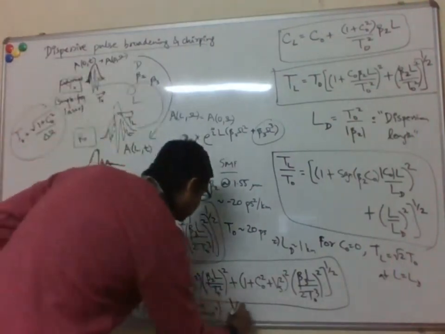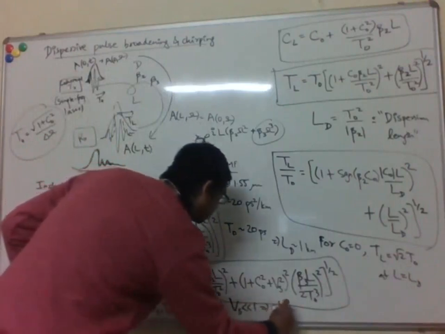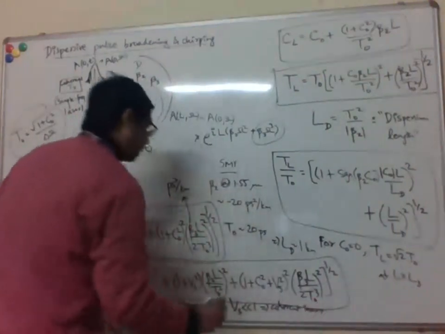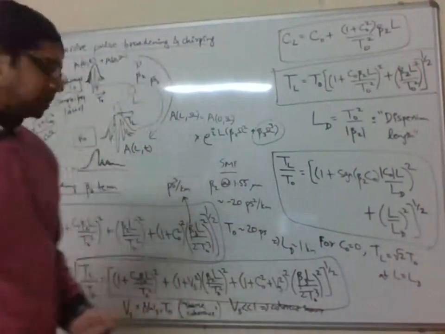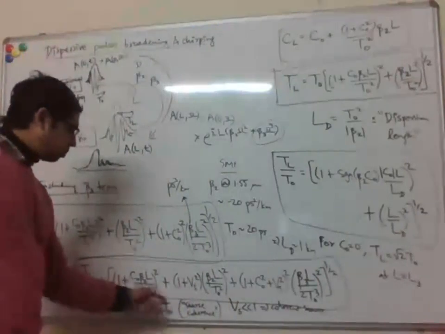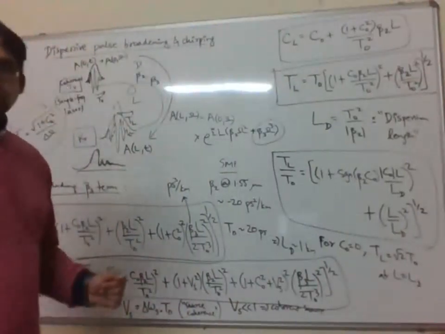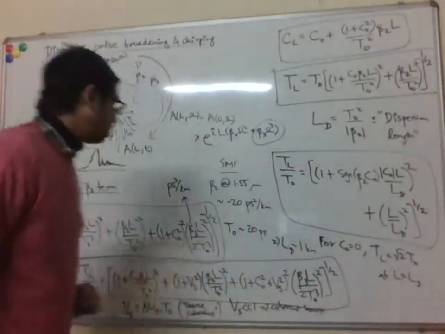So Vs much less than 1 implies coherent source. And if Vs is bigger than 1, meaning the source bandwidth is bigger than 1 over T naught, then it's an incoherent source. So that factor is now included here.